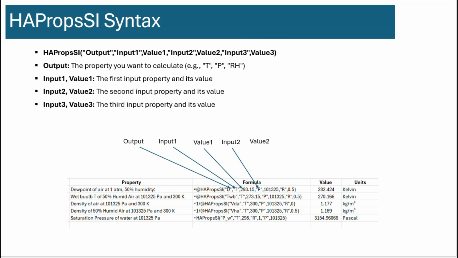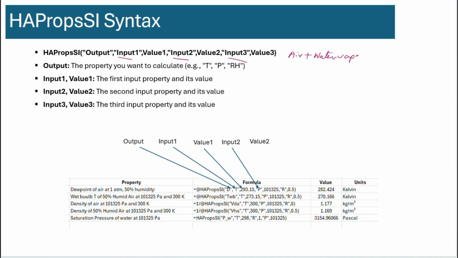Now let's look into the HAPropsSI function. In this case, there are 3 input properties that are needed compared to the 2 that are needed for the PropsSI function. That's primarily because this is a mixture of air and water vapor.